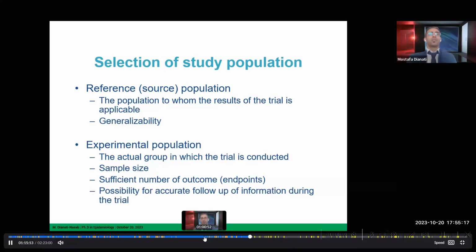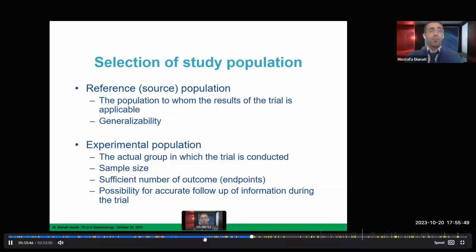So the experimental population, we have to always keep in mind, is the actual group that is going to be included in our study. You have to have a clear sample size calculation. For sample size calculation, for sure, I cannot cover it in this course, but maybe we can have another presentation for you in order to calculate sample size for each study, okay?